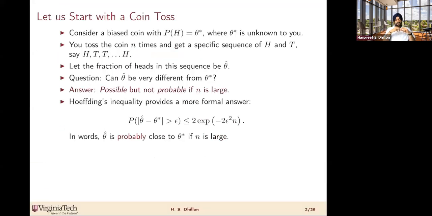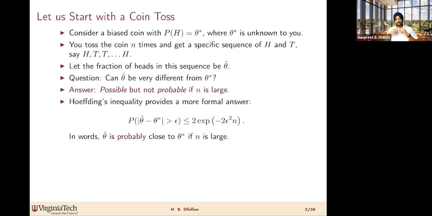Now, this statement can be formalized using Hoeffding's inequality. You could bound this probability, which is the probability that theta hat, think of this as the estimate of this true theta star, something that you're estimating given data, is outside some epsilon neighborhood of the true theta star.